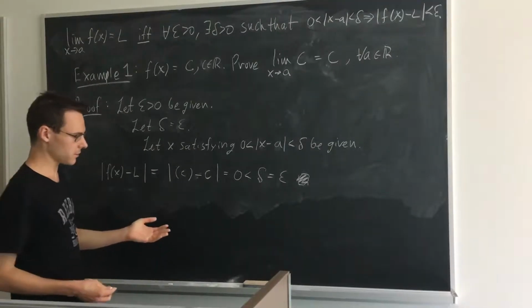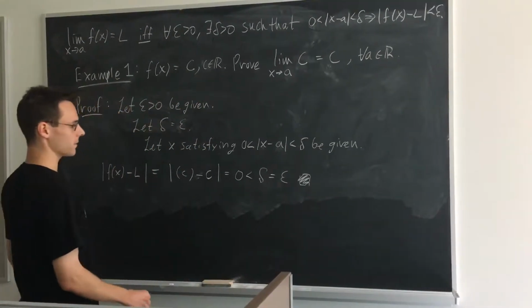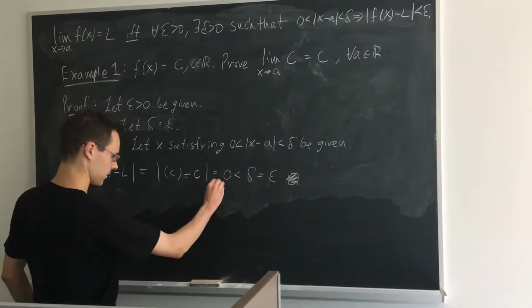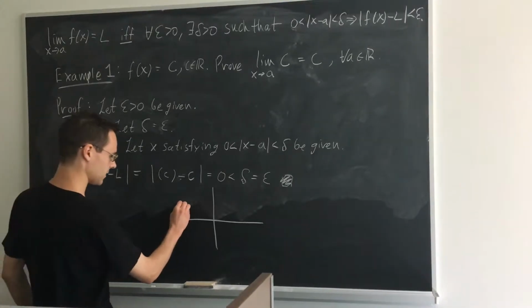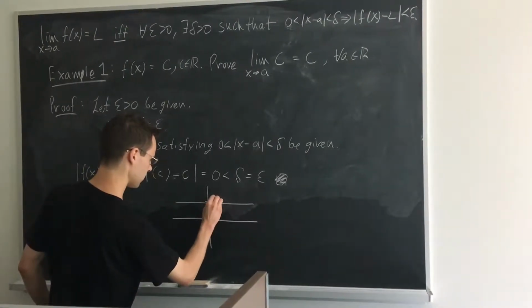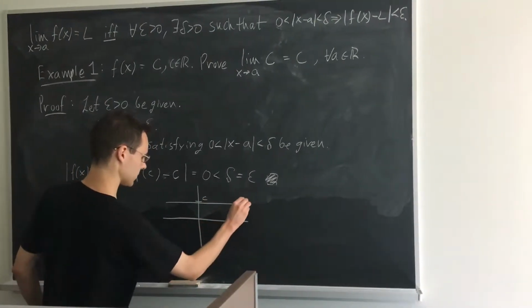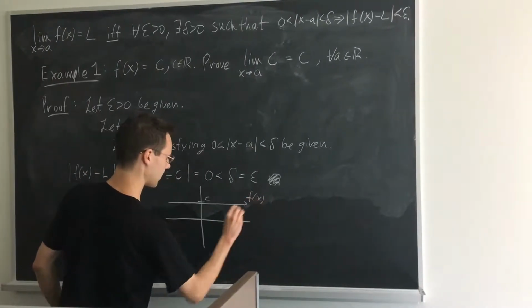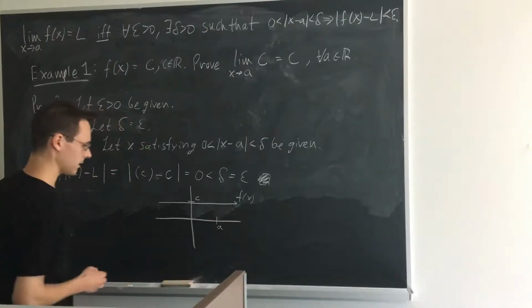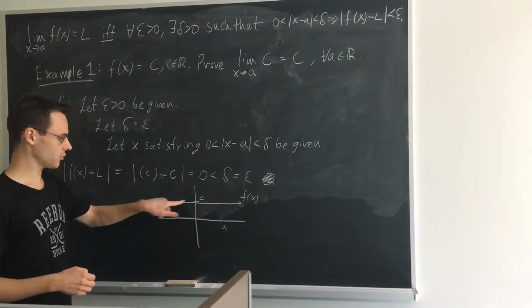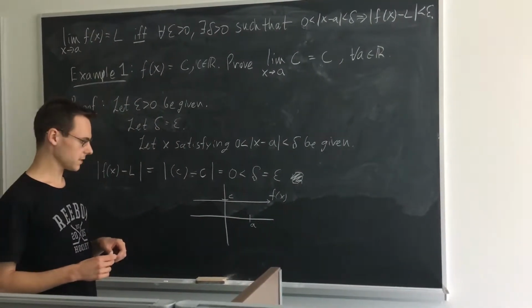So why this strange situation here, where the delta doesn't even come into the proof? Well, let's try to visualize this. So if we draw a little Cartesian plane here, what we have is our function being just a constant, c. So there's f of x. And let's say our a value is over here somewhere. There's a. Now, f does not change its value. It's always equal to c.